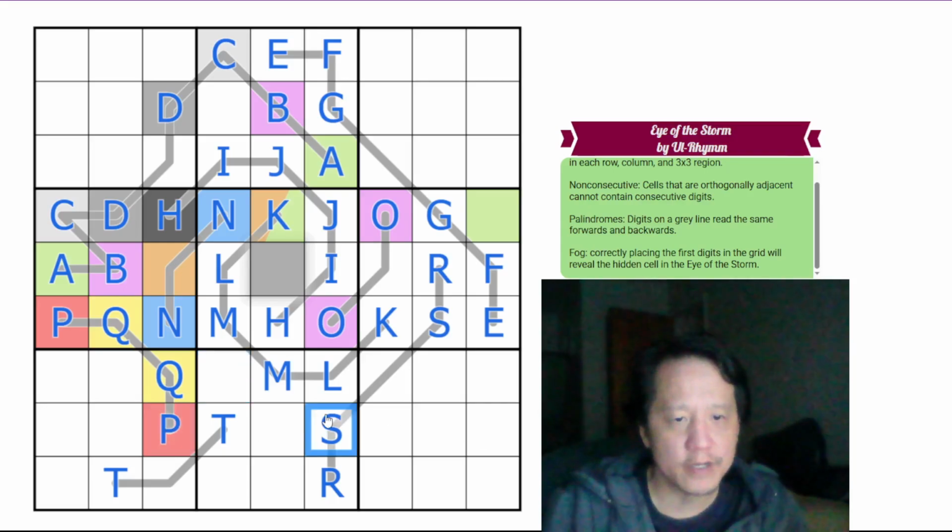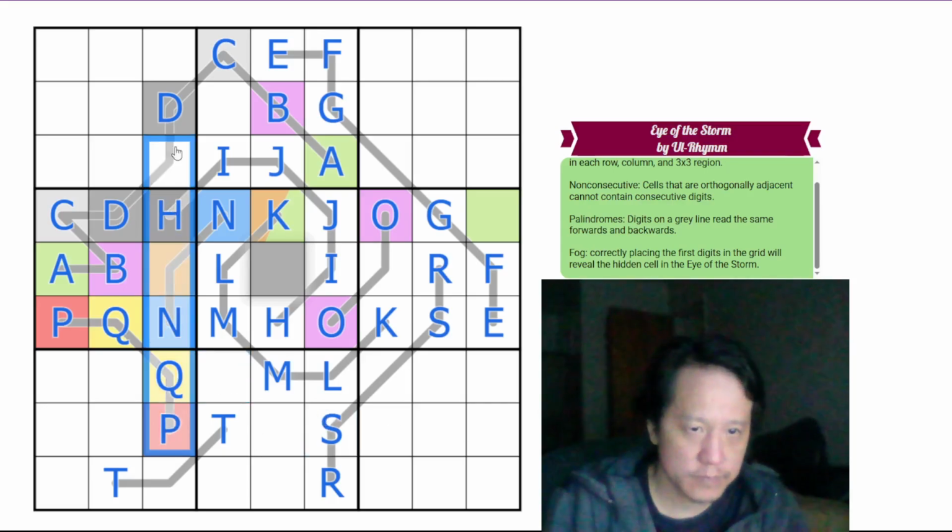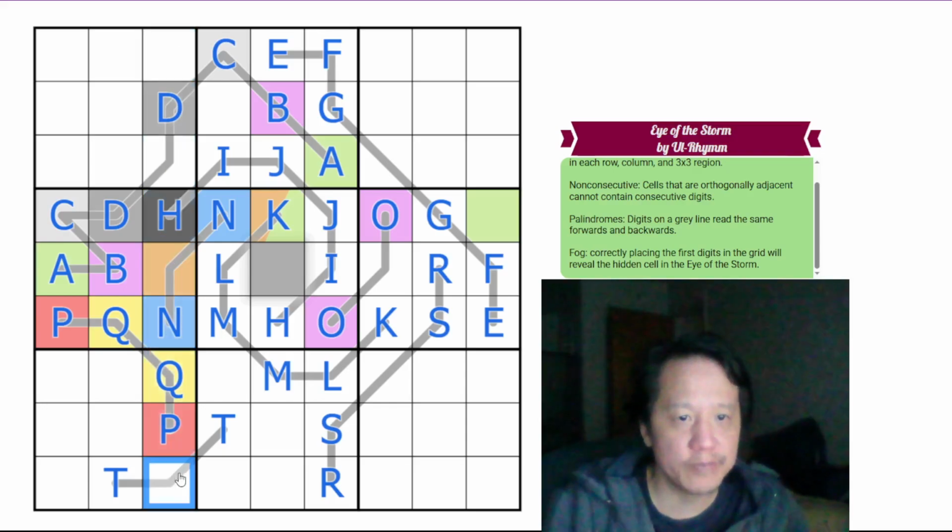This is red. The remaining colors in column 3 are green, pink, and light, right? This cannot be light because we have a light in that row. This cannot be green because we have a green in that row. And that's it.